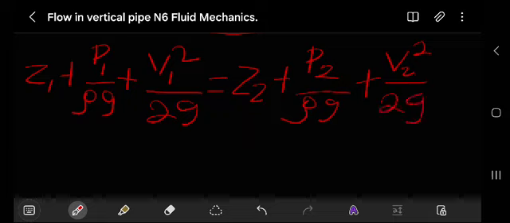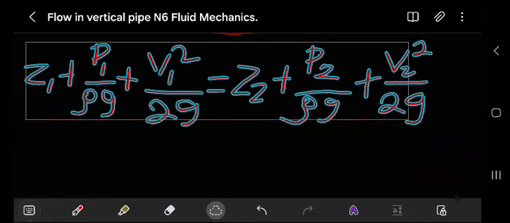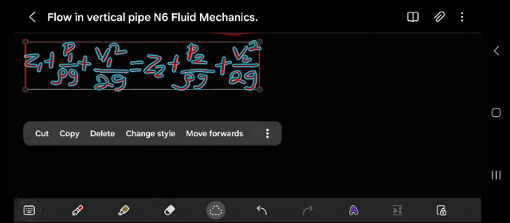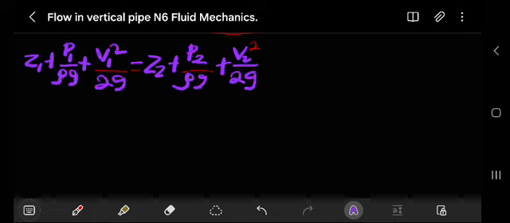This is Bernoulli's equation. This is how we apply Bernoulli's equation. So we'll apply this equation.